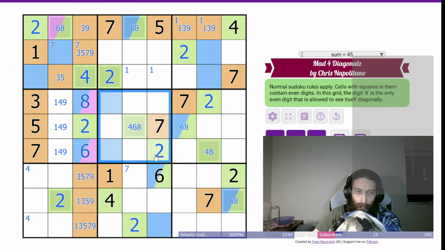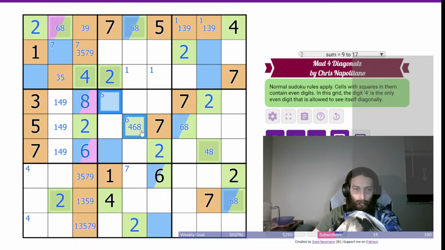So where's 6 in here? It's not there. It's not there. It's not either of those two. So we get 6 as one of these two. And I guess where is 8? It's not there. It's not there. And it's neither of those two. So 8's one of those two.